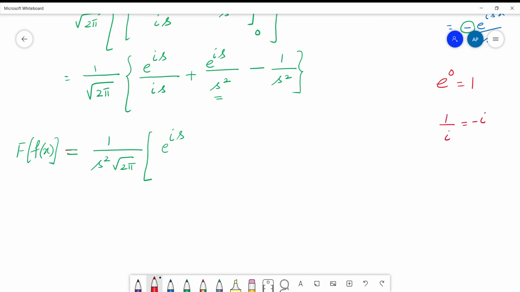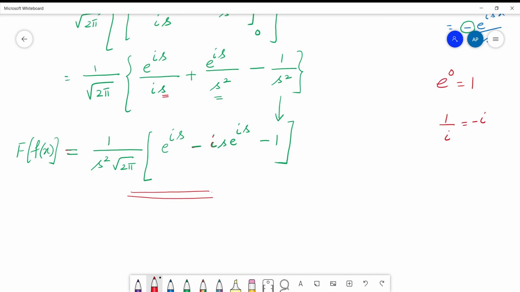So this will become minus i, and since we are taking the LCM as s square and we have only s here, it is s into is into e power is. And then you have minus 1, this term is coming here. So therefore, we will declare the answer to be e power is minus is e power is minus 1 divided by s square into root 2 pi. We can't do any more simplifications. So let's stop with this.